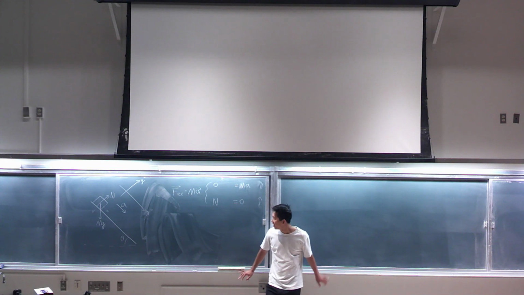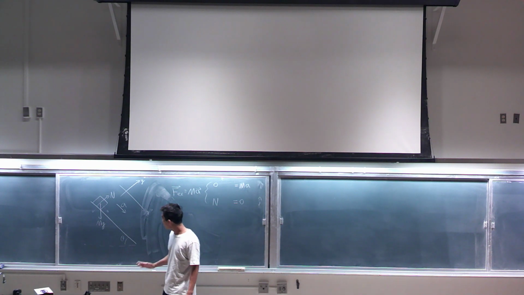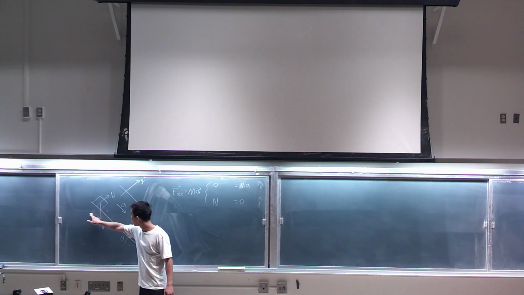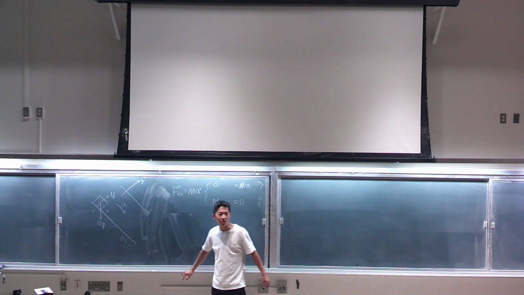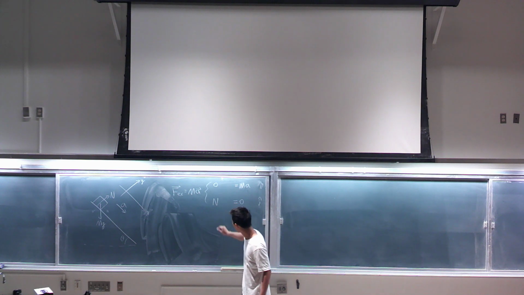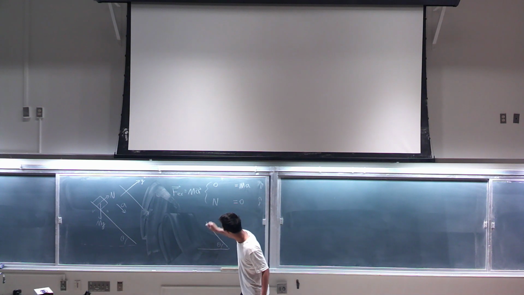So the problem is that it's not obvious how we should express these two components. We know it has something to do with trigonometry, and this is how we do it. Let's look at the slope. This slope has an angle theta, and gravity is going down.